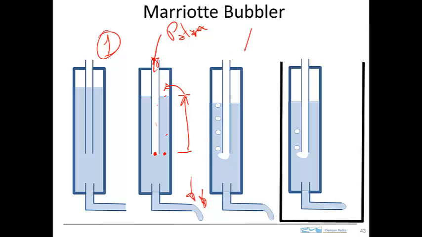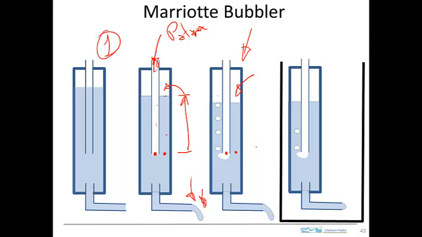So that's what I show here. Bubbles coming out of the central tube and rising up. And what happens then is, as this bubble rises up, the pressure right here at the bottom of the tube stays at atmospheric pressure. So the pressure in the water here is atmospheric pressure, and the pressure up here in the headspace is going to be in suction. It'll be a vacuum.